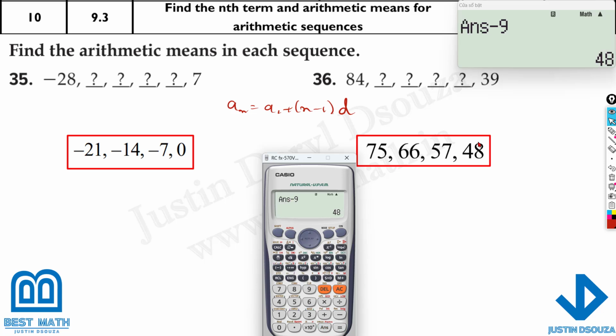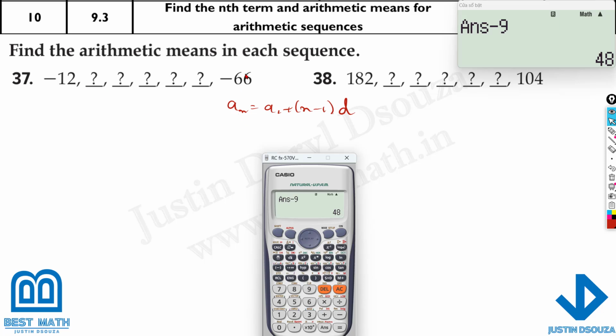It's 66, 57, 48. Similarly here, minus 66, that is 6x, and equals minus 12 plus n minus 1, that is 1, 2, 3, 4, 5, 6, 7 terms. This is the 7th term here. It will be 7 minus 1, close the bracket, and multiply it with x.